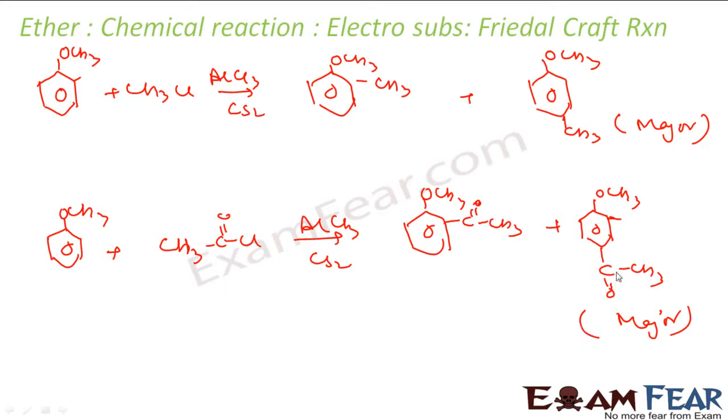Same reaction mechanism, not a big thing, actually pretty easy, right? This becomes CH3 plus, attacks and kicks out this hydrogen. So we have seen this reaction mechanism a lot. So if you have issues, you can just watch my previous videos where we explained the Friedel-Crafts reaction mechanism. You can look into those mechanisms.